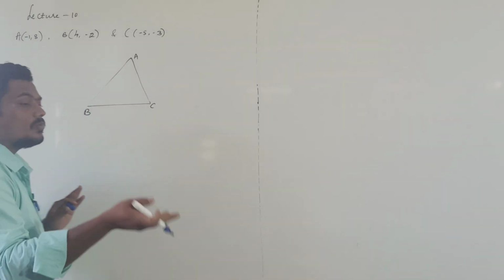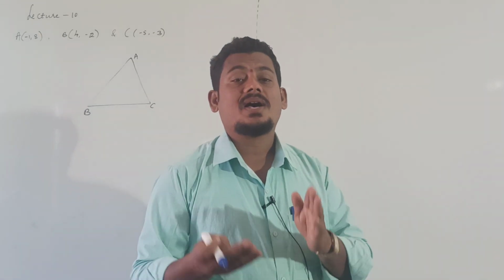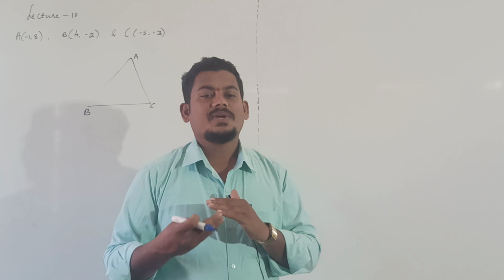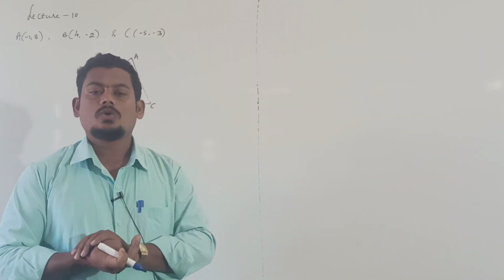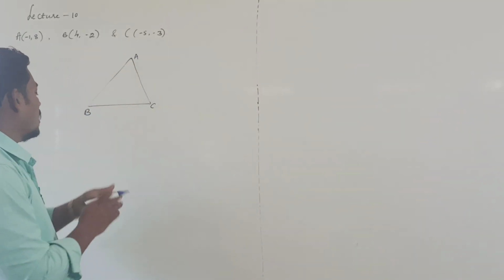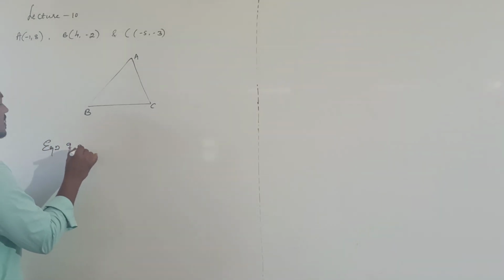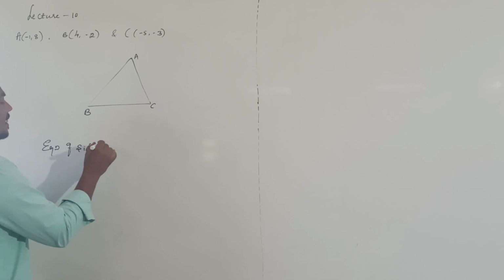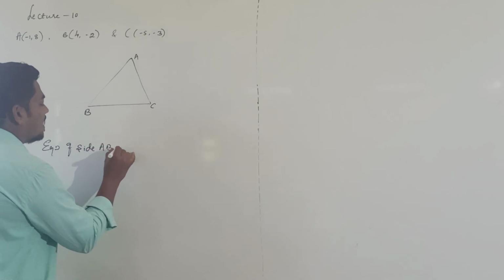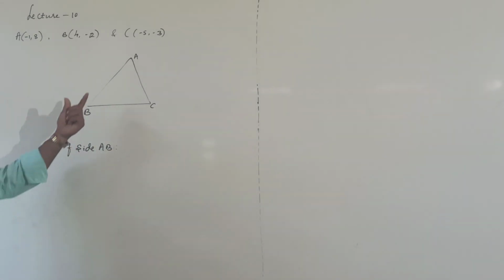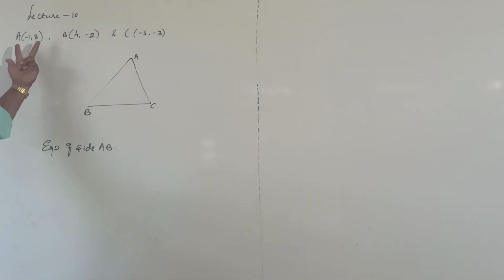Already you know how to find the equation of a straight line passing through 2 points, right? What is the equation of side AB?